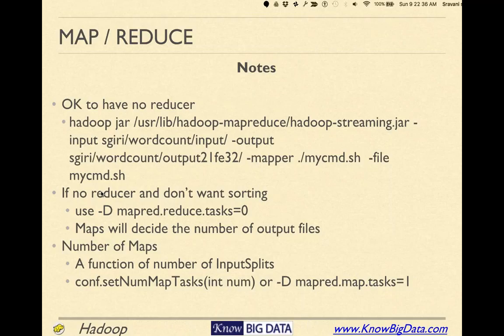It's okay not to have a reducer. Generally, if you don't have a reducer, the output will be sorted, but there will be no reducer side logic. There will be nothing happening on the reducer side. It'll just take whatever the mapper is giving out, sort it and then save it onto the disk.